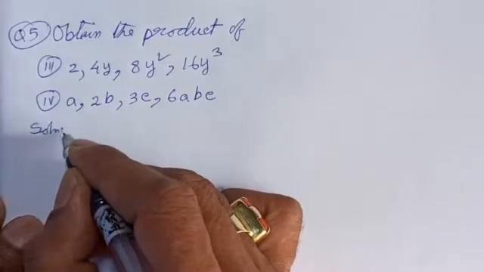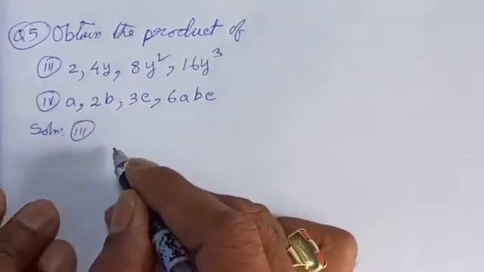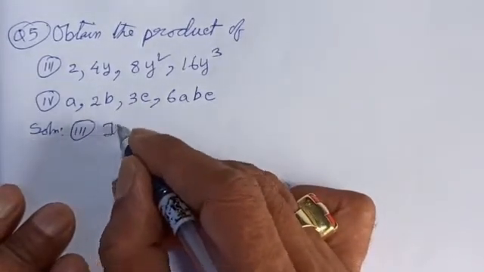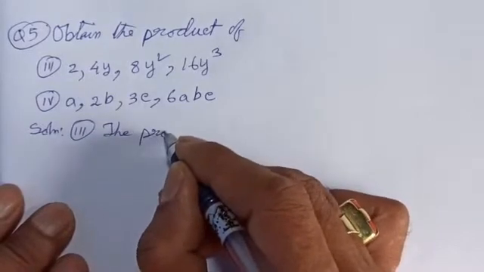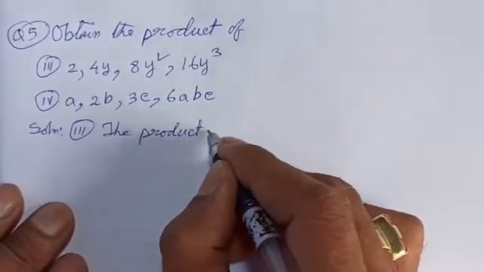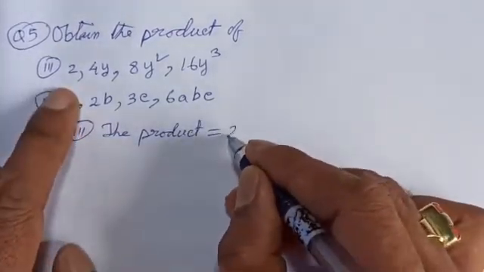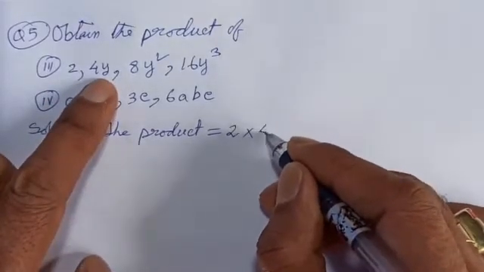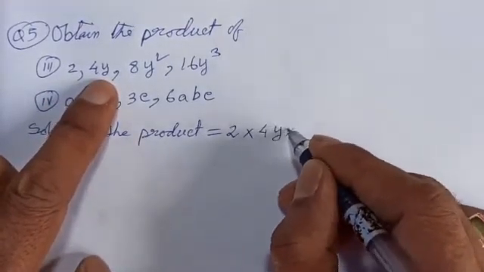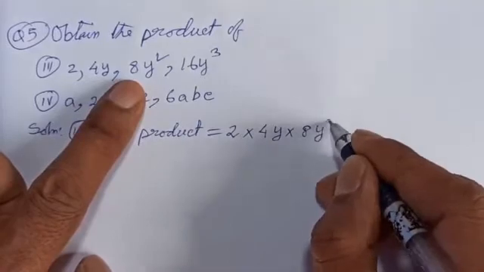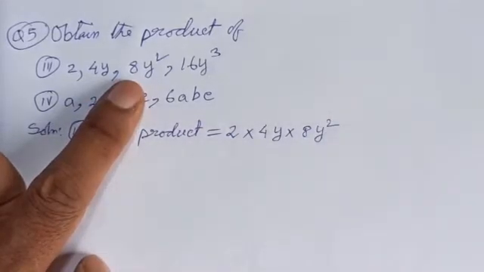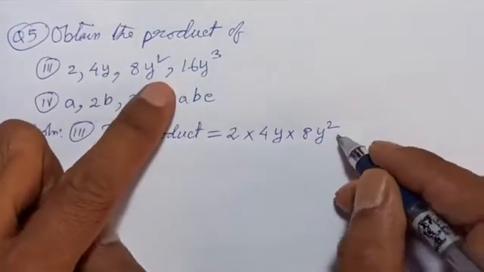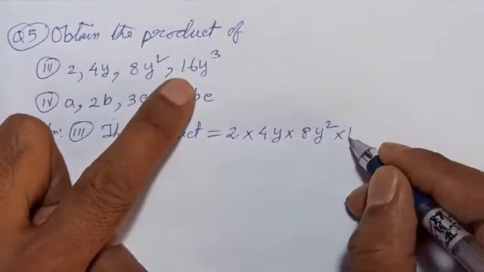Roman number 3. The product is equal to 2 into 4y into 8y square into 16y cube.